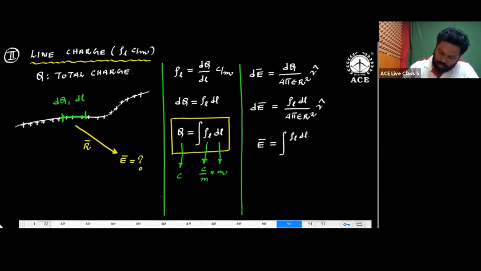E is equal to the integral of rho L into dl divided by 4 pi epsilon r square into r cap. That's all it is. Here is the electric field.